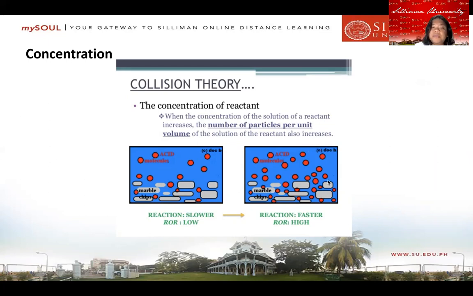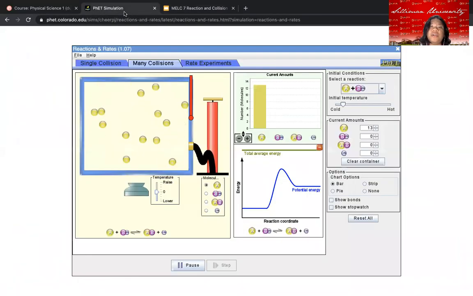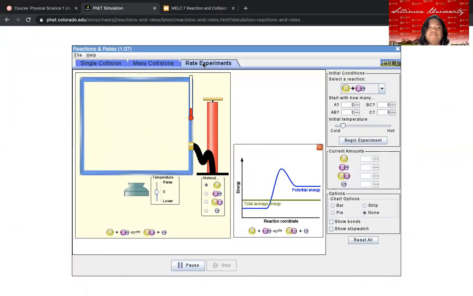So if we go back here in our simulation, let's say we have 9 particles there.